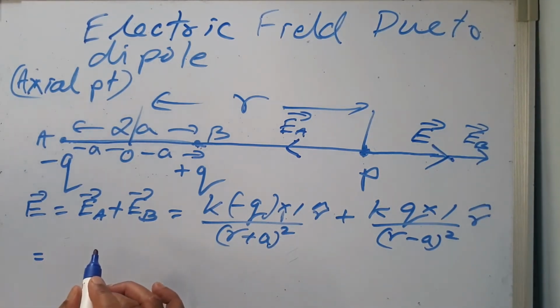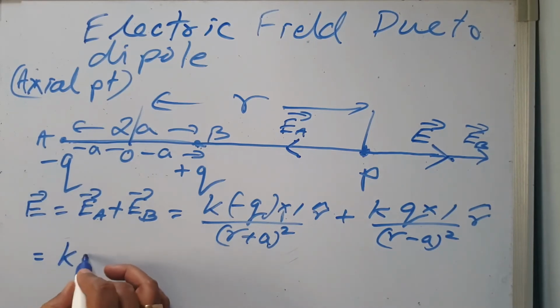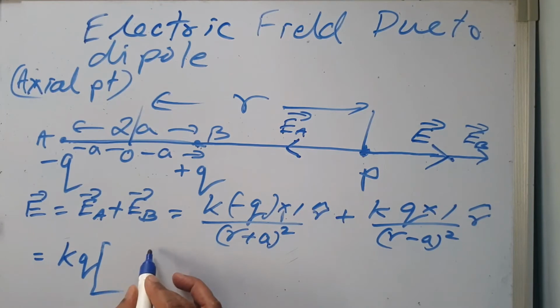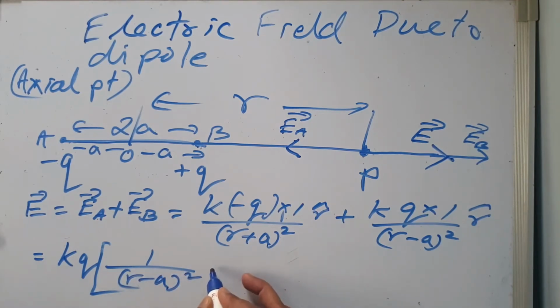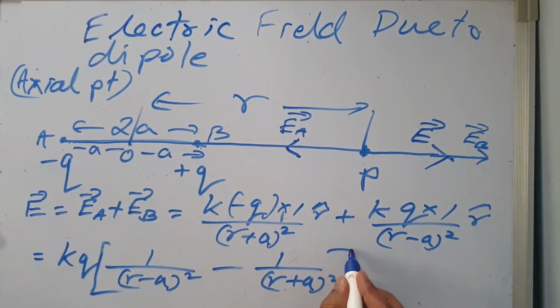Let me take out the constants here. What do I get? KQ, 1 upon, I am writing the positive term first, r minus a the whole squared, minus 1 upon r plus a the whole squared, unit vector r cap.